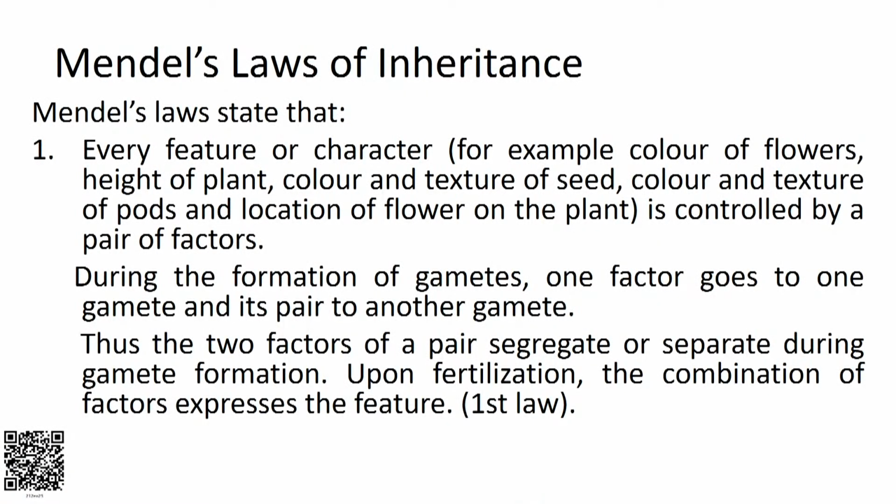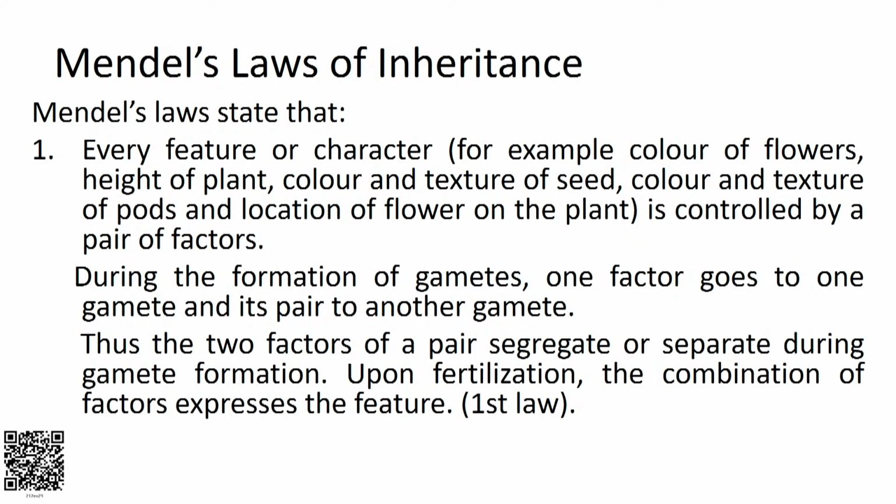Now we will talk about Mendel's laws of inheritance. Mendel's laws state that every feature or character, like color of flowers, height of the plant, color and texture of the seed, color and texture of the pod, and location of the flower on the plant, is controlled by a pair of factors. During the formation of gametes, one factor goes to one gamete and its pair to another gamete.